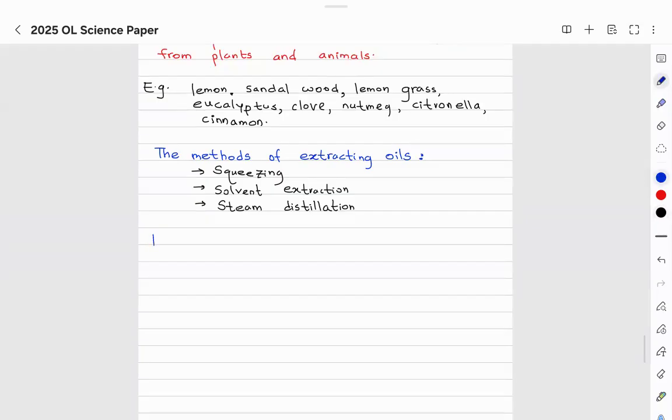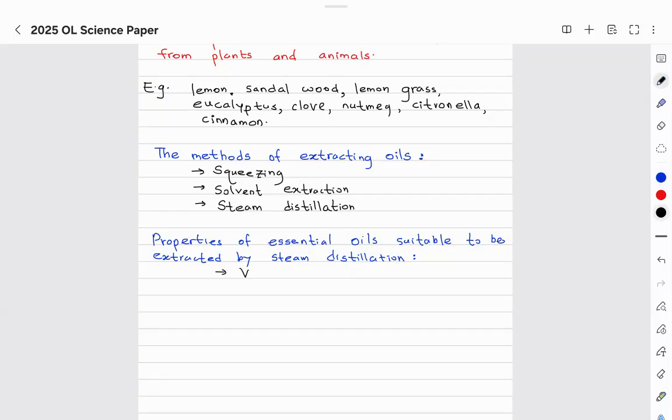Look at this. Properties of essential oils suitable to be extracted by steam distillation. The first one should be vaporizable.